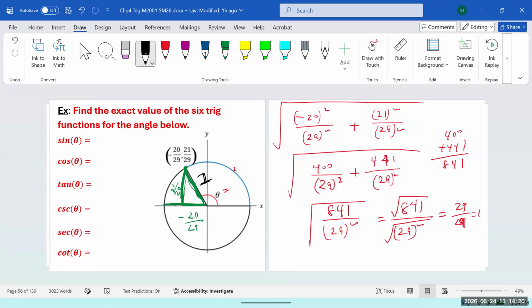And now let's find all 6 trig functions based on our triangle. Okay, let me call someone one by one. Diego, start with you. What is sine of theta for this angle, for this picture? Sine, in terms of the triangle, is what over what?